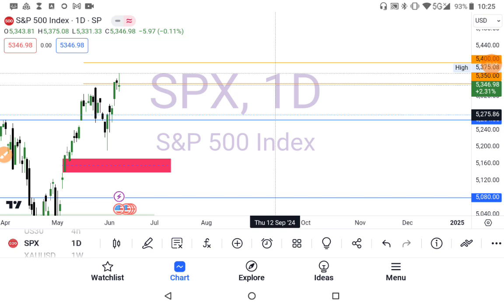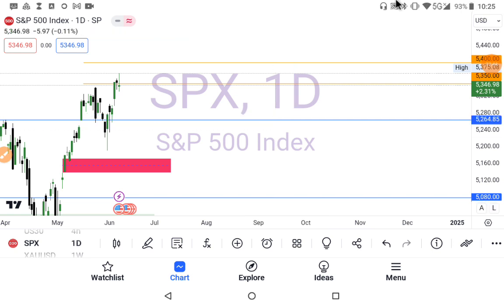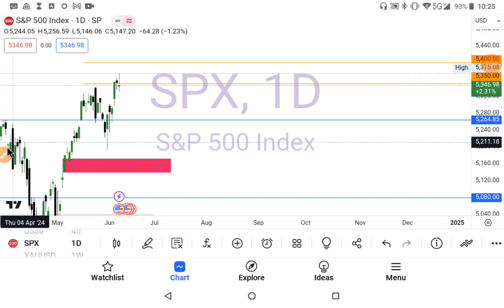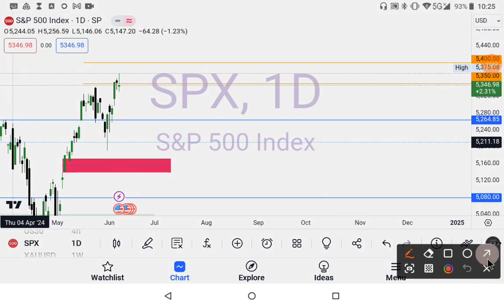On the 19th, I specifically said we watch towards 5350, then 5400, which I expect 5264.85 to serve as a support to the market, to deliver us 5350 and 5400.